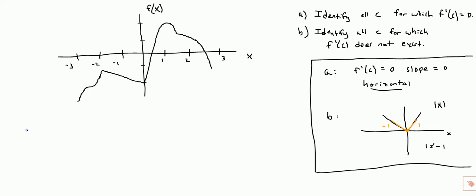So let's get started. So part A, we're looking for f prime of C equals 0. So that means we're looking for places where the tangent is horizontal, parallel to the x-axis. So starting on the left and going forward, this is a positive tangent, right? It's greater than 0. It's not horizontal. But then when we get to this point right here, the tangent will look like this, right?